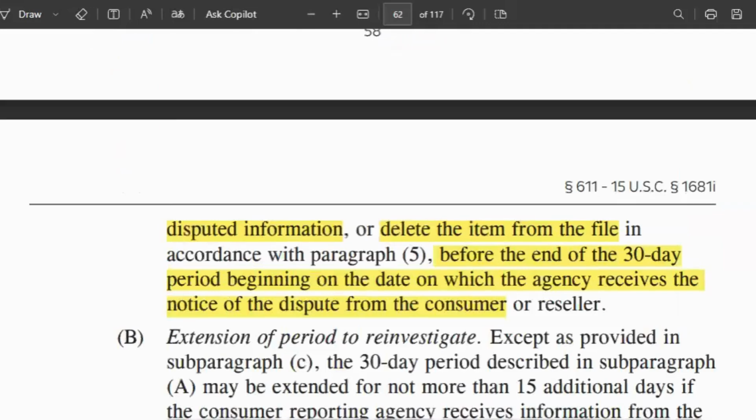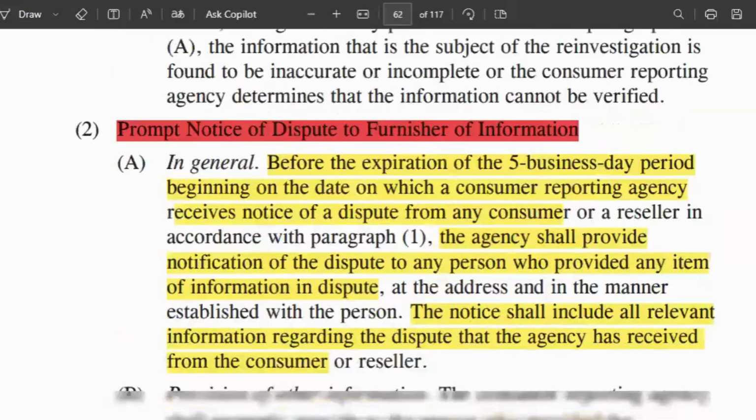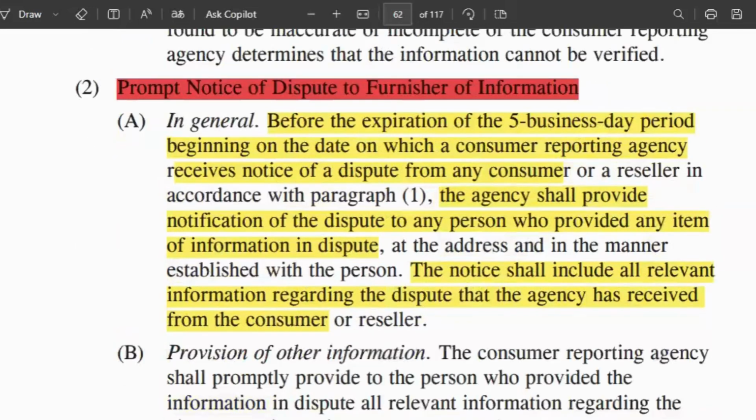All right. So when you look right here, it says prompt notice of dispute to furnisher of information. The furnisher of information would be your credit card company, your loan company, whoever you're doing business with, the individual that's reporting that item of information to your consumer report. That would be considered the furnisher, quote unquote the creditor, right?